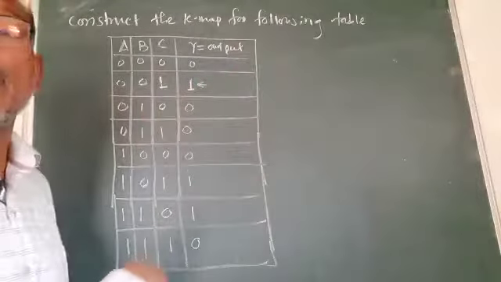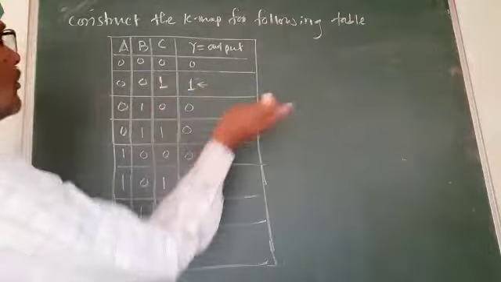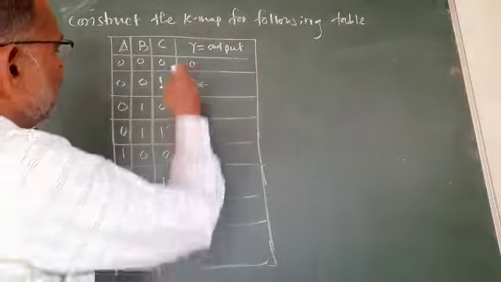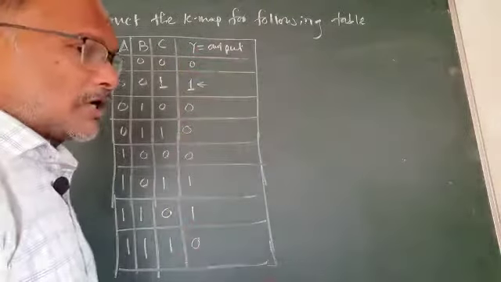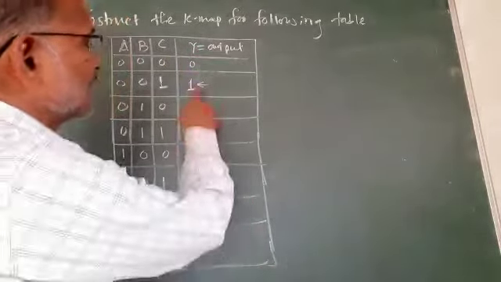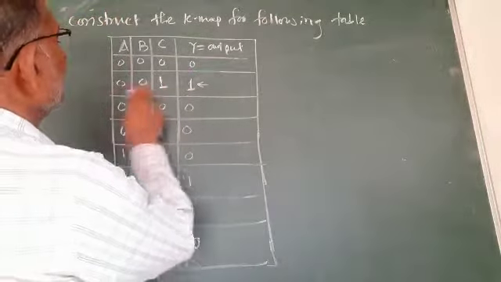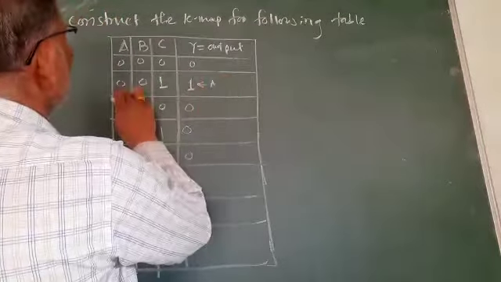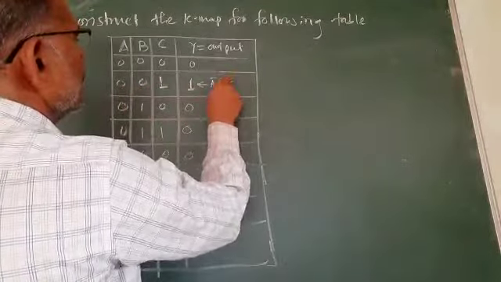This table is given now, and we are not interested in what the values are and what the product is. We have given the output value. Remember, whenever there is 1 at the output, we have to consider that only. So I am writing here a bar, because this is 0, b bar and c.